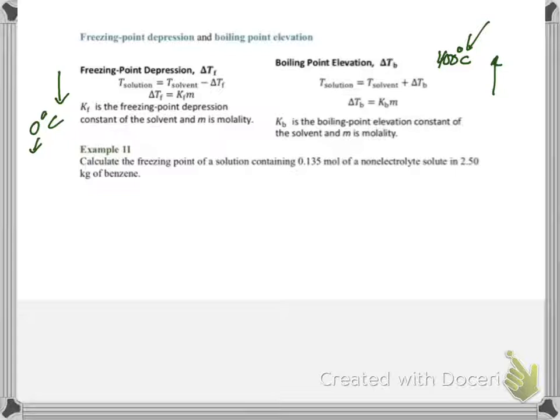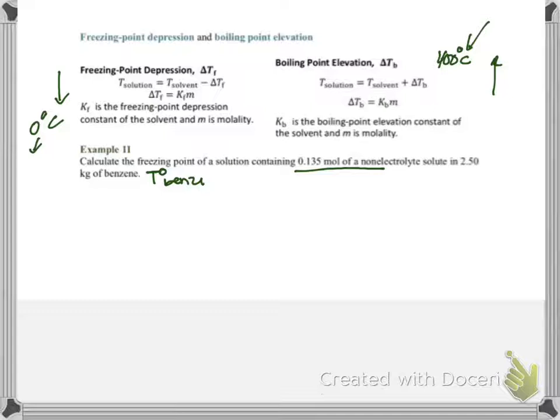Look at example 11. Calculate the freezing point of a solution containing 0.135 moles of a non-electrolyte solute in 2.50 kilograms of benzene. There will be two more values given to you in this question. The one is the freezing point of the pure solvent, which is benzene.